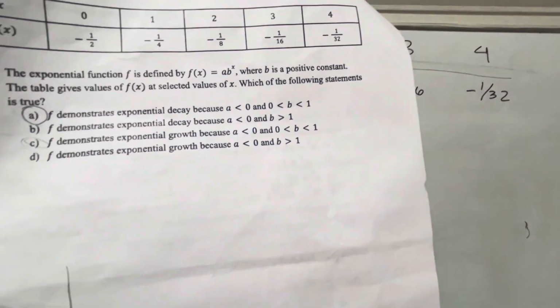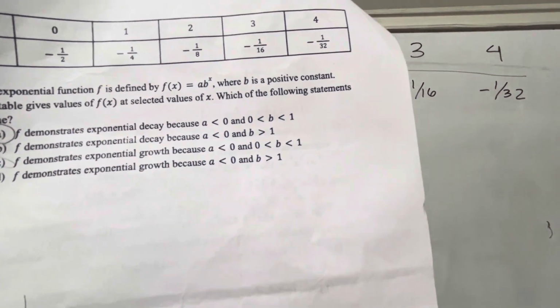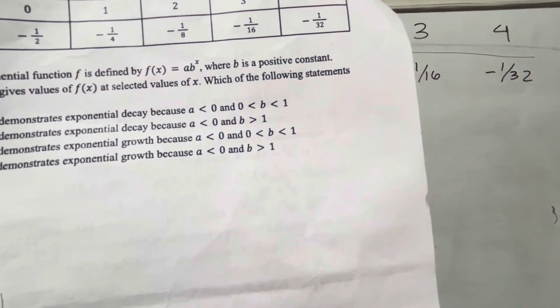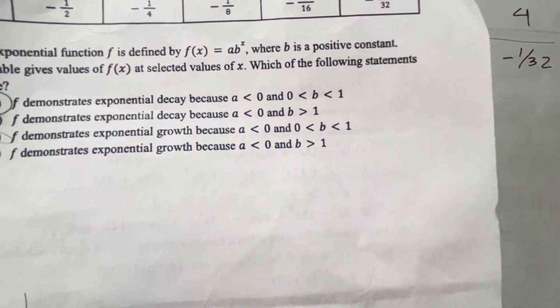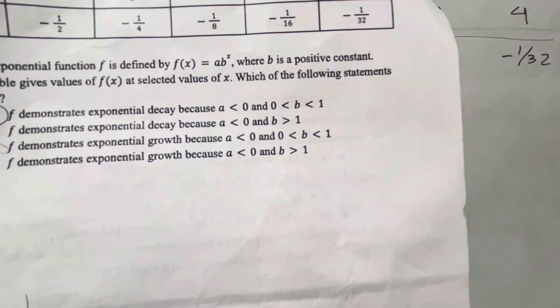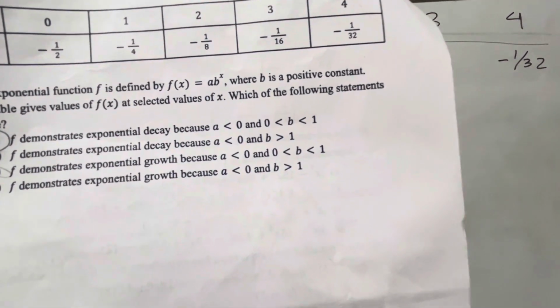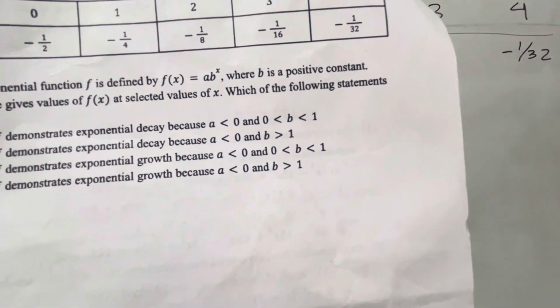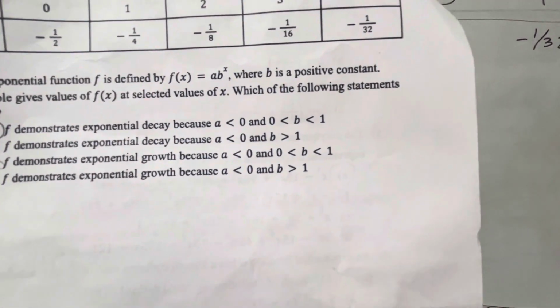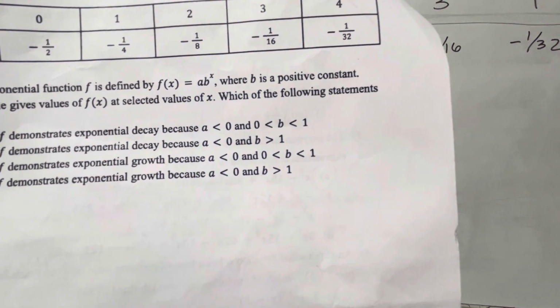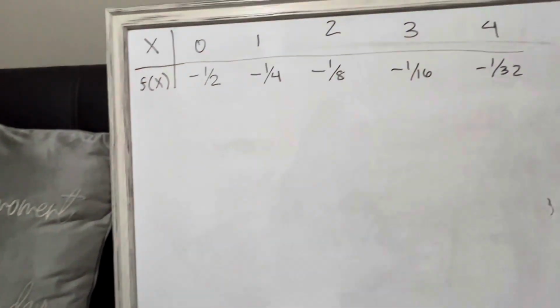F demonstrates exponential decay because a is less than 0 and 0 is less than b and less than 1. F demonstrates exponential decay because a is less than 0 and b is greater than 1. F demonstrates exponential growth because a is less than 0 and 0 is less than b, which is less than 1. And F demonstrates exponential growth because a is less than 0 and b is greater than 1.